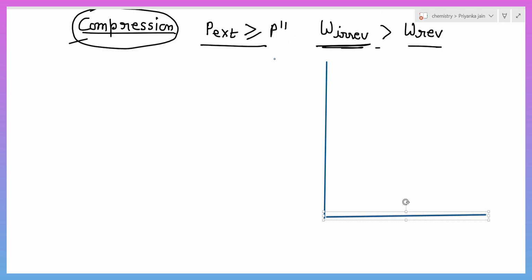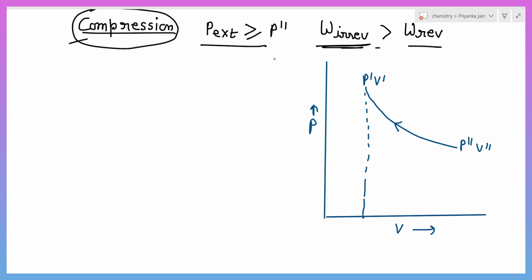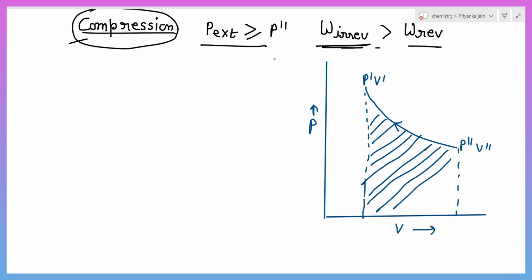We can see here, this is the PV curve and we are doing the compression process. It means now the arrow will be in the opposite direction. The system is going from pressure P double dash and volume V double dash to pressure P dash and volume V dash. The work in the reversible process will be this much. This is the work in the case of reversible compression.